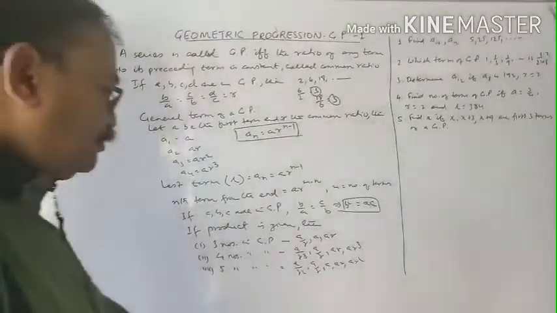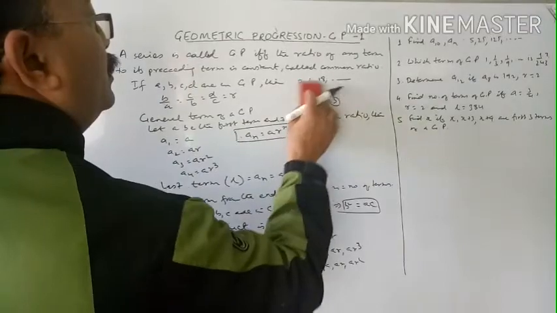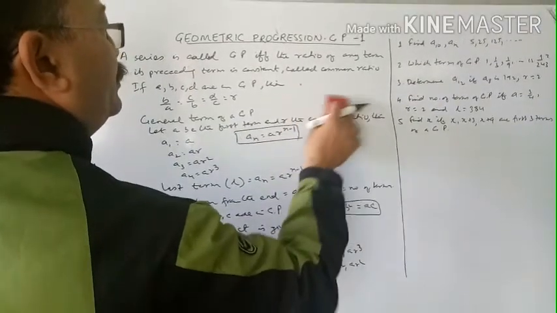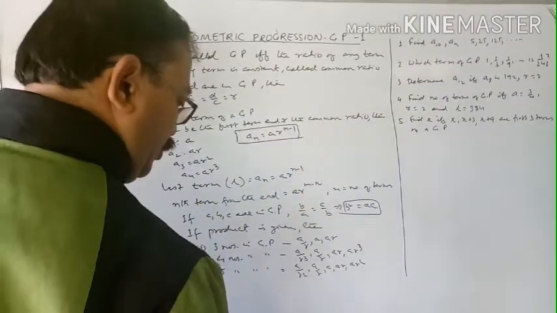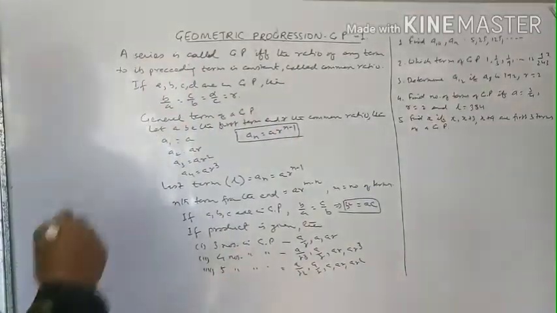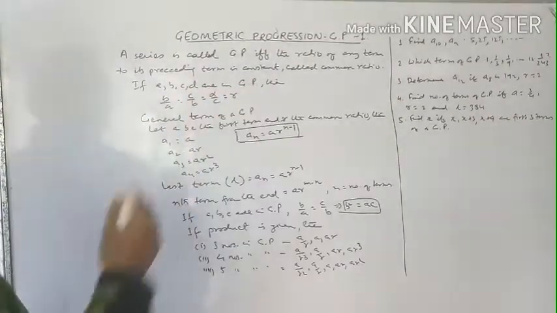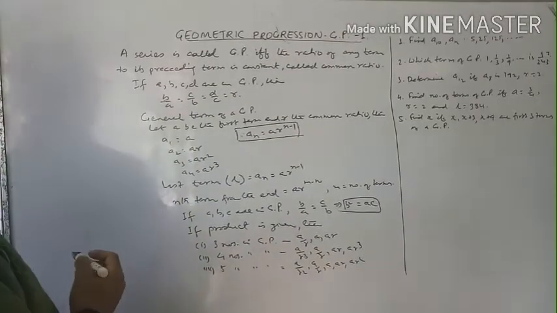So if the ratio of any term to its preceding term is always the same for all the numbers, then it is called a GP.